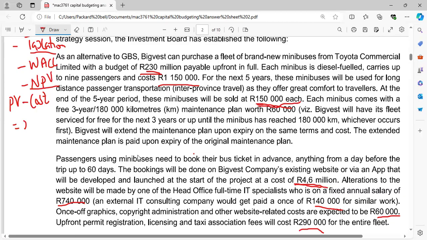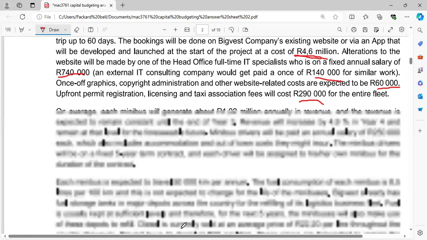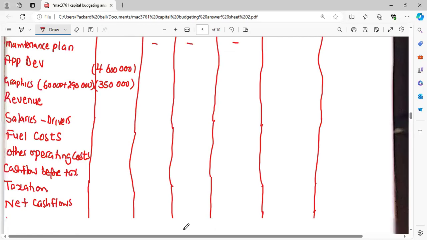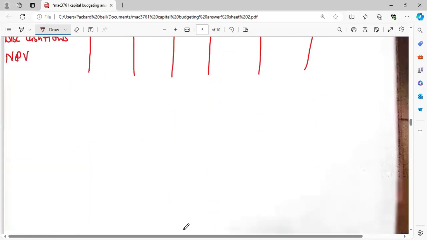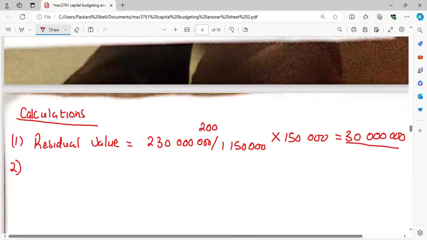So each minibus is going to have a 3-year maintenance plan of 60,000, but the first 3 years are going to be free. Which means we are going to pay the first renewal in year 4.